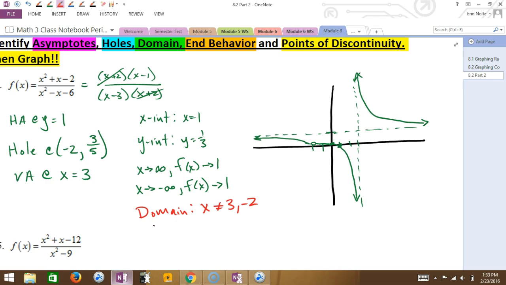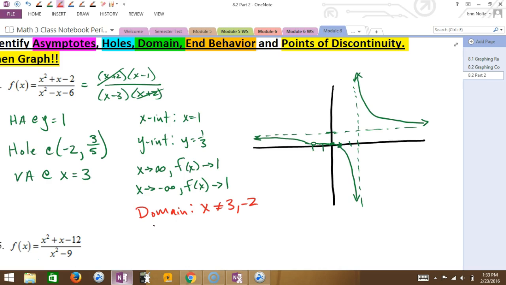Where are they? -2 and 3. Exactly. So the domain is giving you the points of discontinuity, the places where the function doesn't exist and it breaks apart technically. If I drew this, I would have to lift my pencil and go to the other side of this hole to start drawing again. And then I have to lift my pencil up here to continue drawing that right side.